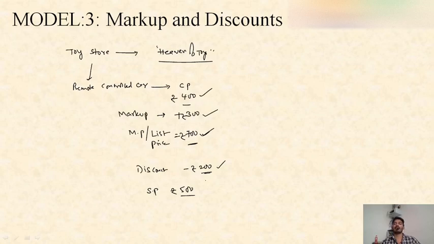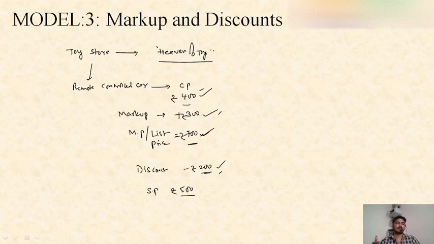This scenario explains how the cost price, markup, discount and selling price are interconnected in determining the profit and the attractiveness of the product to customers in a retail business. So this was the example we considered here.